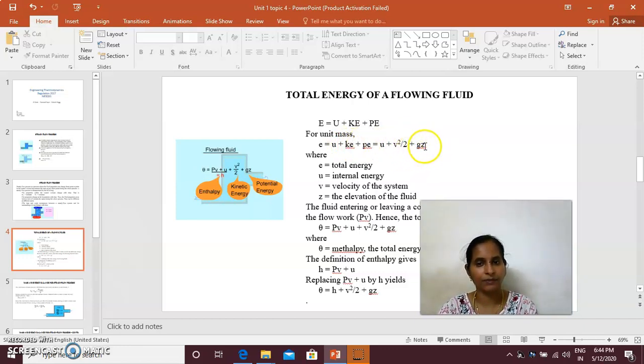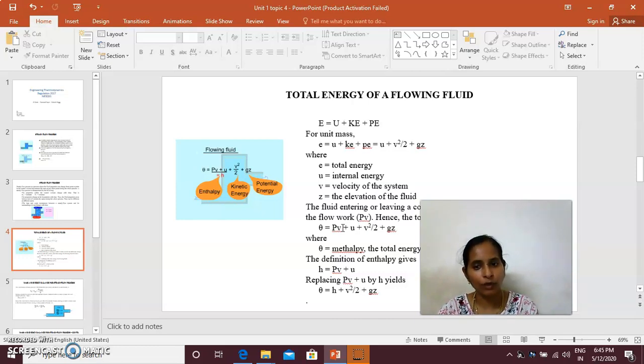g into z. Now fluid entering or leaving a control volume possesses an additional energy which is called flow energy. Already we discussed about flow energy. Apart from this u, v squared by 2 and gz, here we are adding one more energy, which is required for the substance to move from one place to another place.